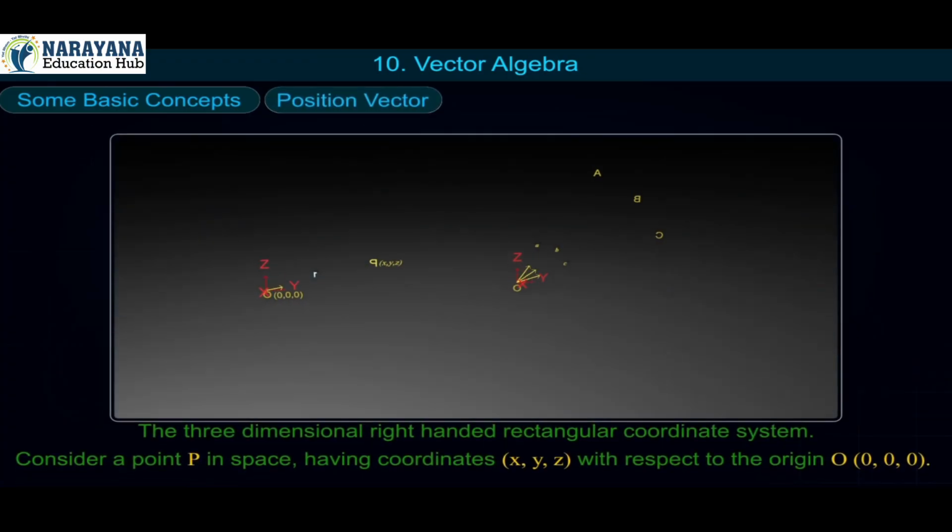Position vector. The three-dimensional right-handed rectangular coordinate system. Consider a point P in space having coordinates x, y, z with respect to the origin O, (0, 0, 0).